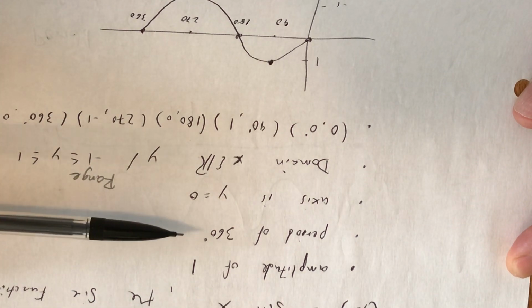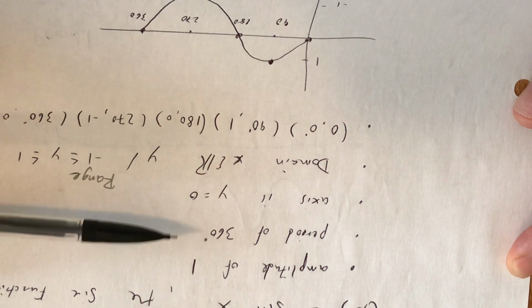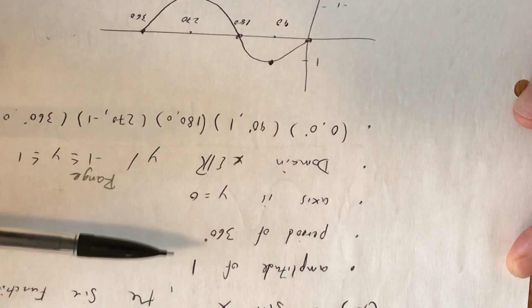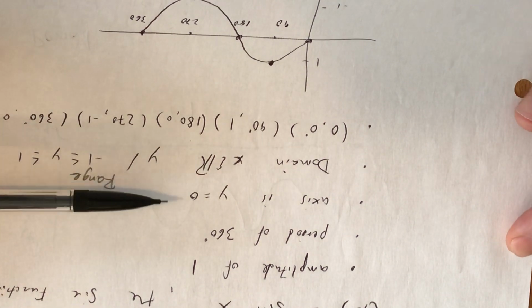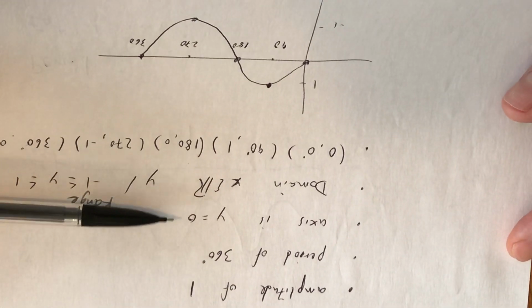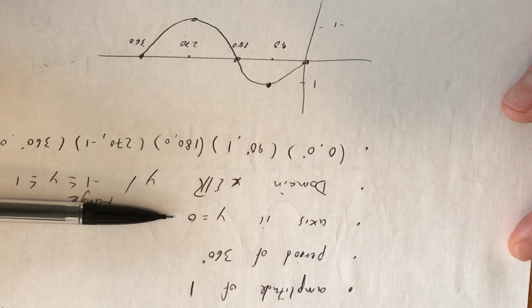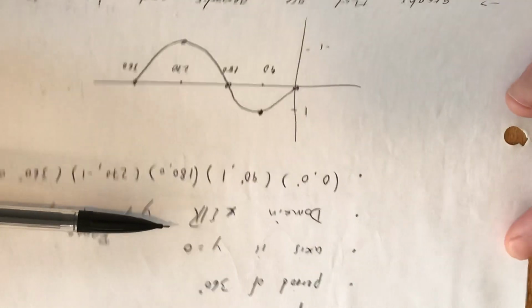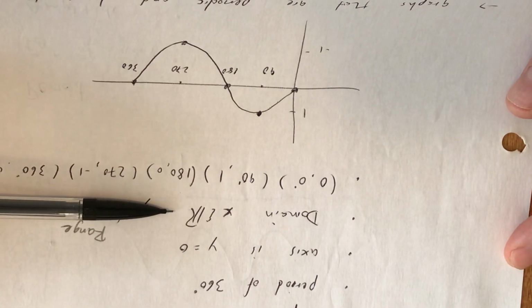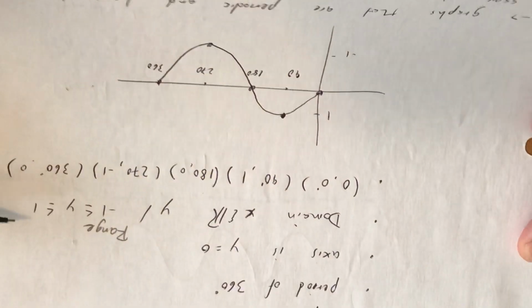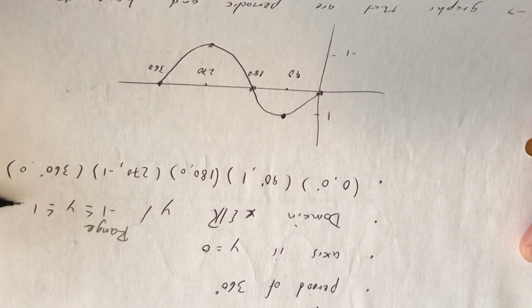So one cycle completes in 360 degrees, and that should resonate with something else that you've learned back in your math days. The axis, which I'll define in a bit, is equal to 0. The domain is x element of the real numbers, just like any other function, and the range is y such that it's between -1 and +1.